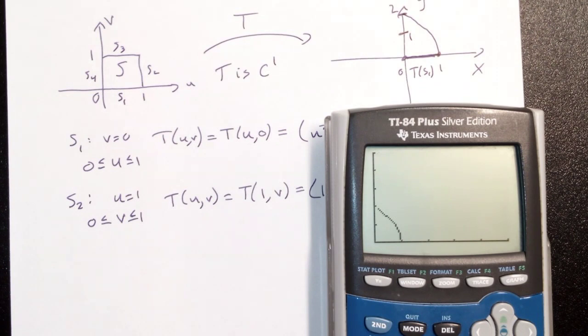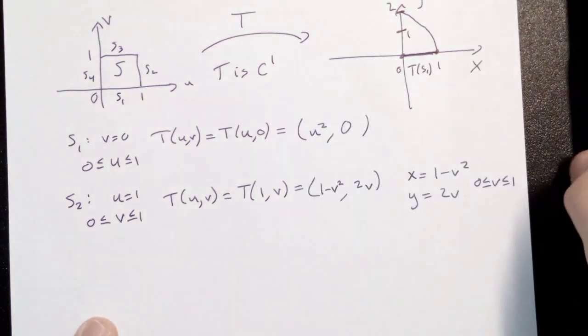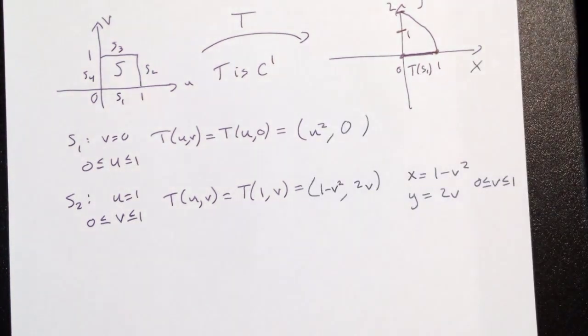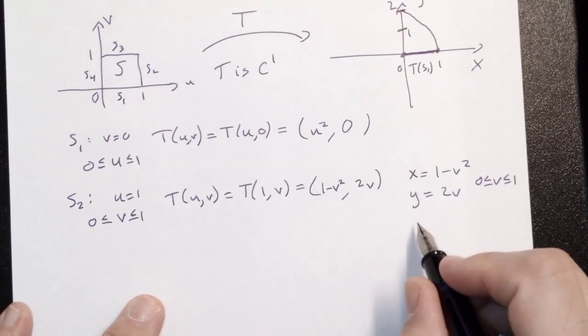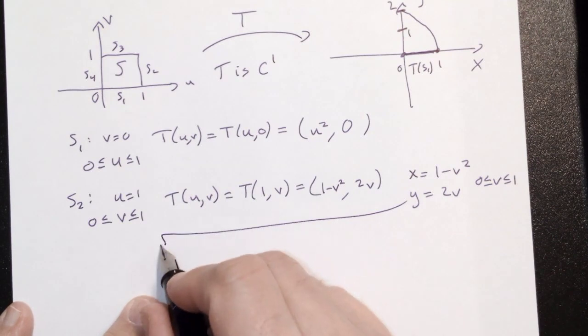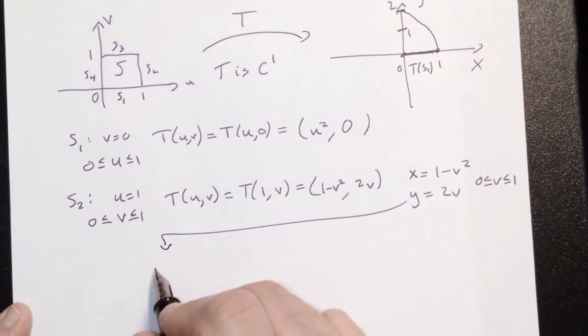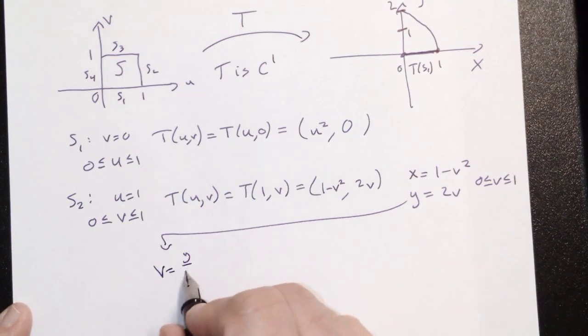Now I could ask what shape that is. It kind of looks like part of a parabola to me. So let's check. I go back to my parametric equations and I'm going to do the elimination of parameter. I can take this equation and write v equals y over 2.